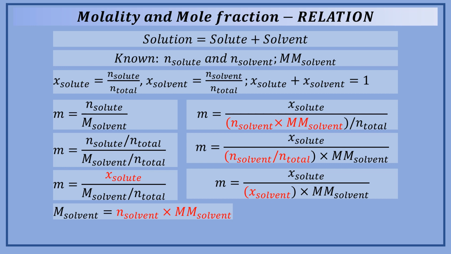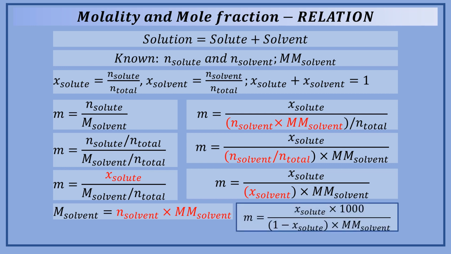We can further simplify it by using the relation mole fraction of solute plus mole fraction of solvent equals 1. So mole fraction of solvent can be eliminated by replacing it with 1 minus x solute. And as per the definition of molality, we express the mass in terms of kilogram.